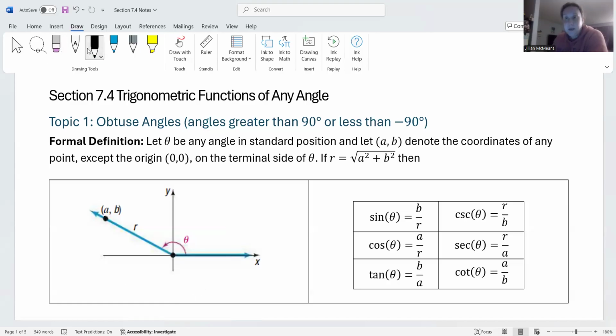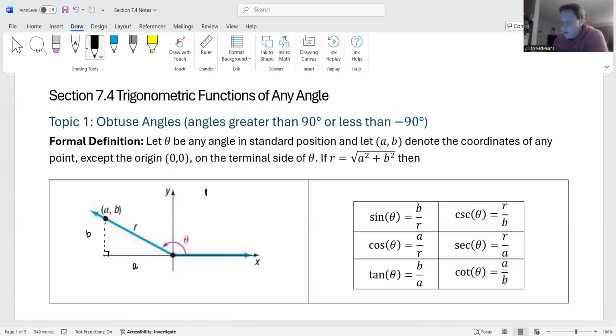Now, if you drop down from this point (a, b) to the x-axis, we create a right triangle, so you'd have a right angle right here. The length from the origin to the side of the triangle we've just created would be a. The distance from the x-axis up to that point on the terminal side would be b. And it's really easy to use this right triangle to figure out what r is.